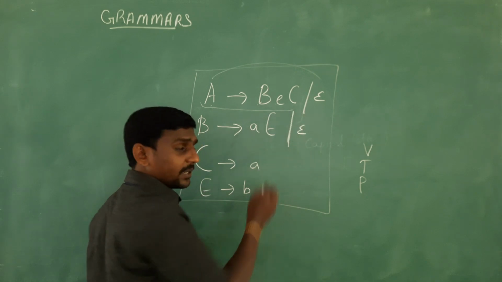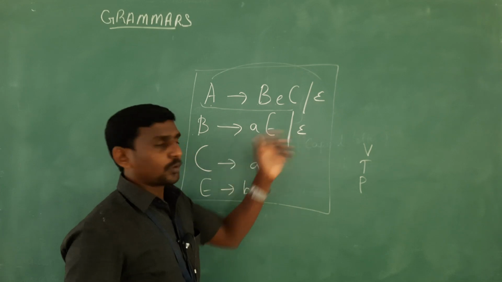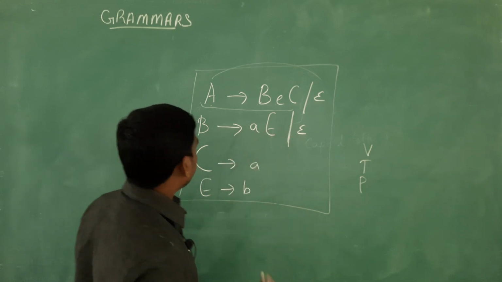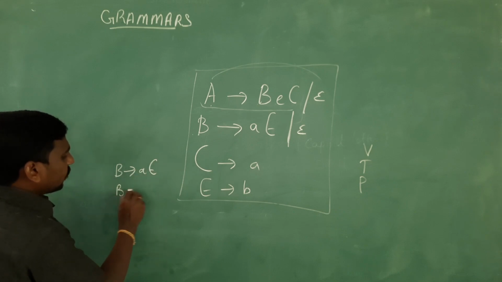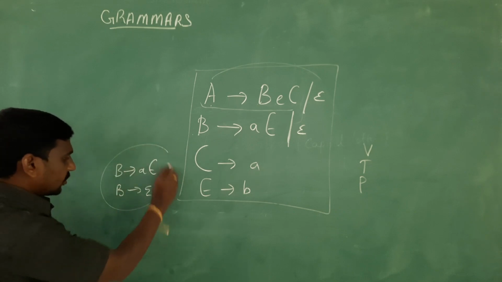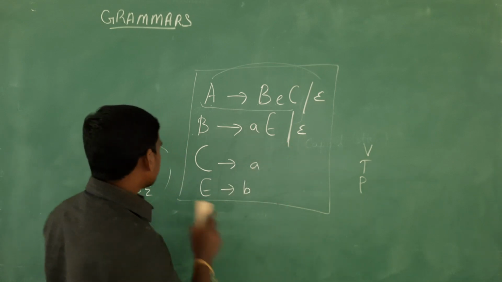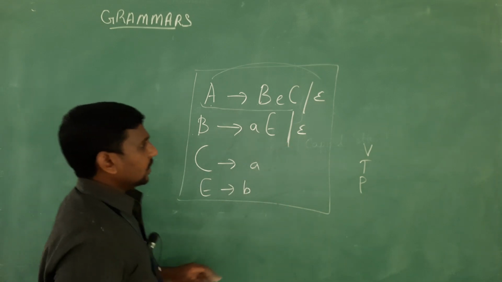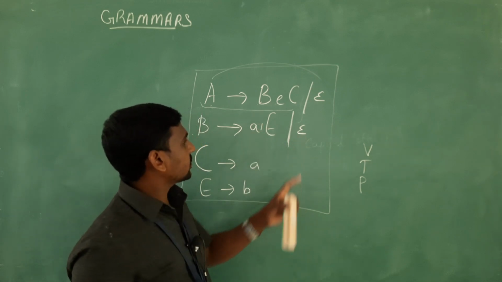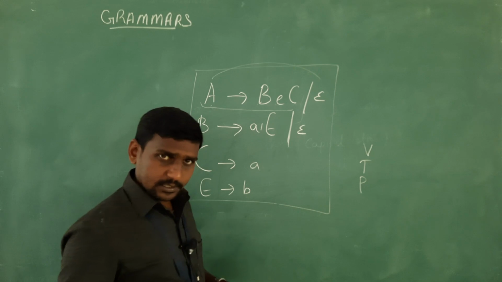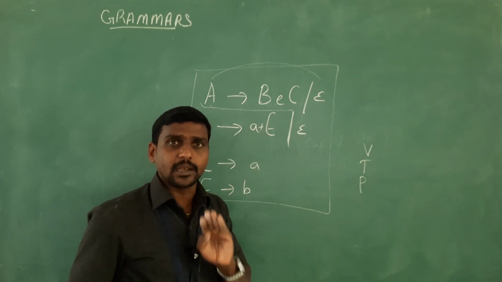It may be a symbol, but it is used to separate two productions. So instead of this, we can write B tends to AE and B tends to epsilon. Instead of writing it 2 times, I can write a slash as a separation. So this is not a part of the grammar. Sometimes if it is A slash E, then the slash is a terminal. Sometimes we may have A plus E, and plus is also a terminal.